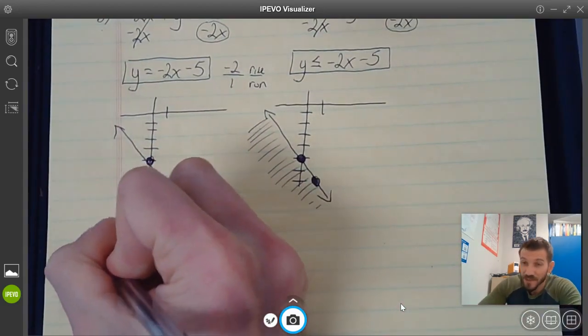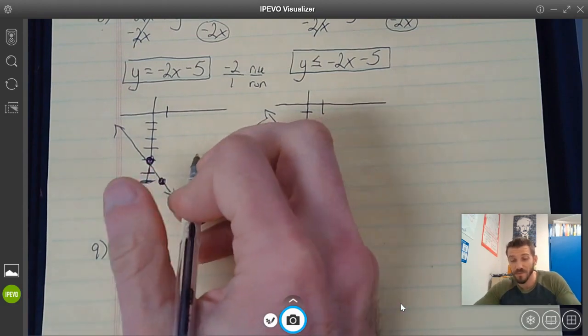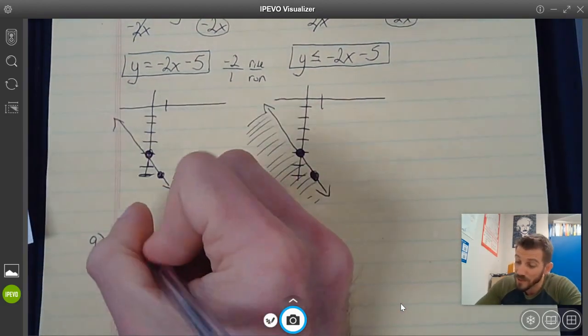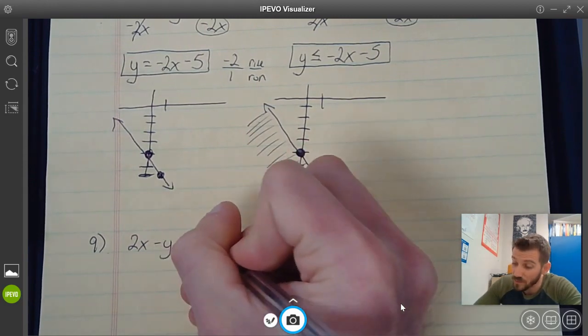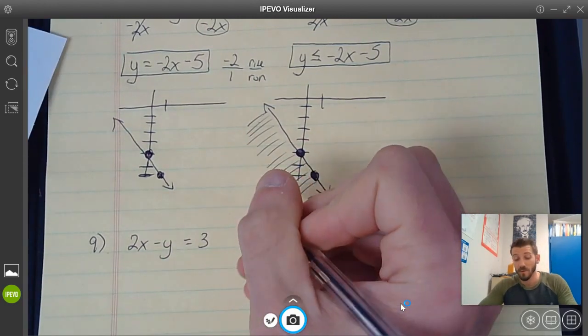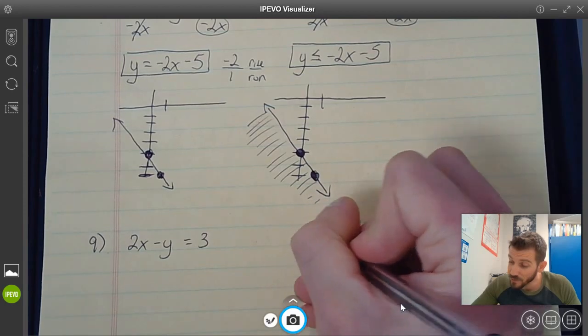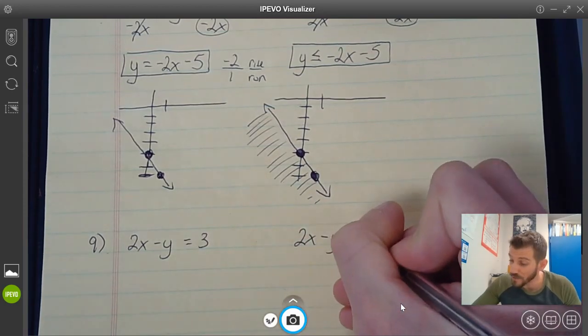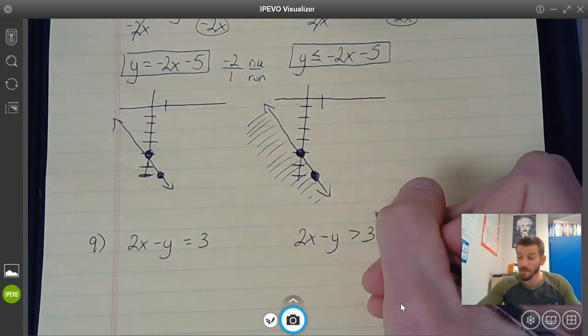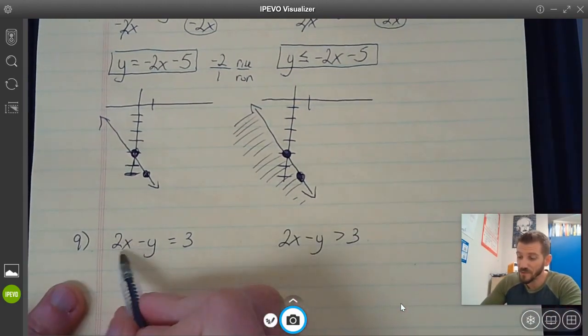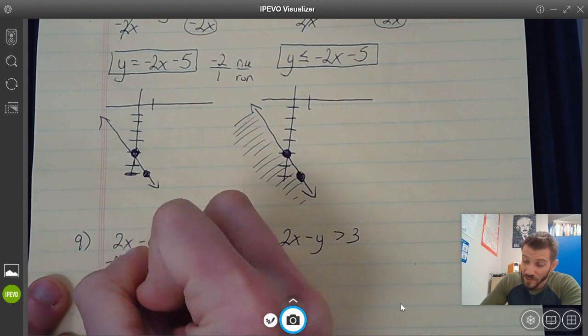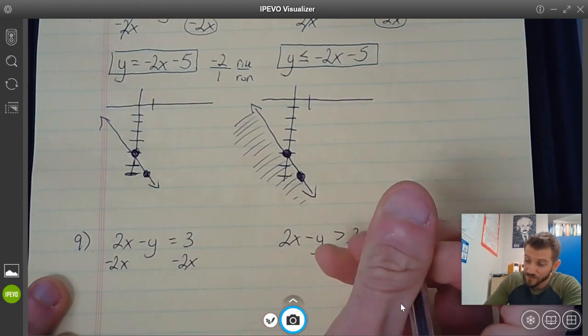Second to last problem. Get excited. All right, so the next one, number 9, we have 2x minus y is equal to 3. We're going to compare it to 2x minus y is greater than 3. So, first step, just like we did last time, we can get rid of 2x by subtracting 2x from both sides.